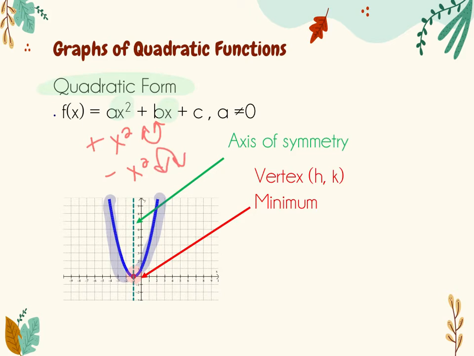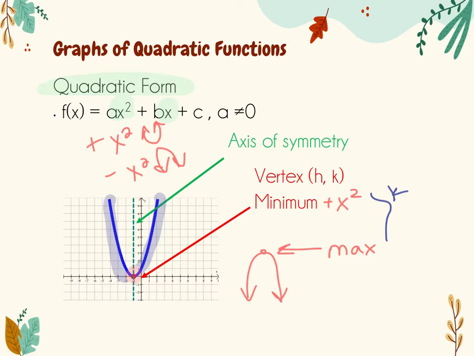So this is a positive x squared one. If it opens upward, it has a minimum. If it were to open facing down, it would have a maximum. Okay? Either case, the min and the max are both the k. So the y coordinate of your vertex is the minimum or the maximum point.